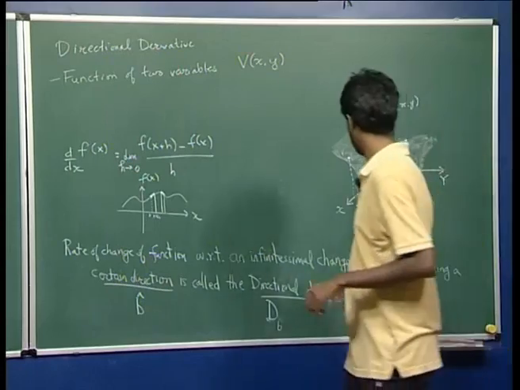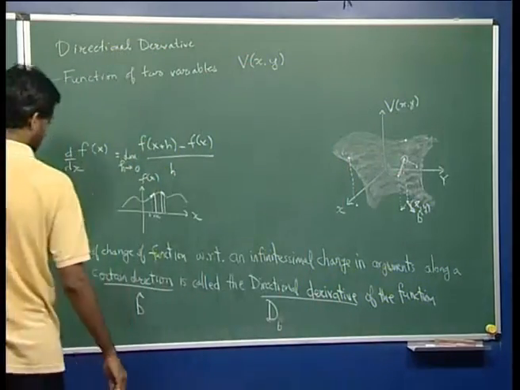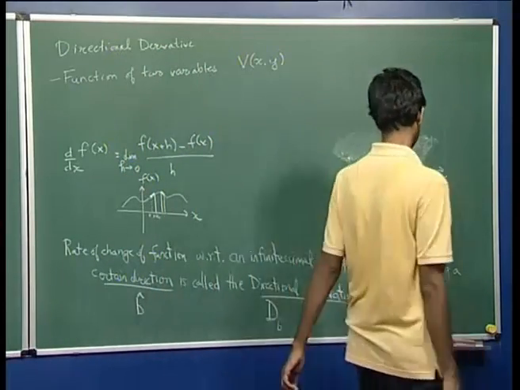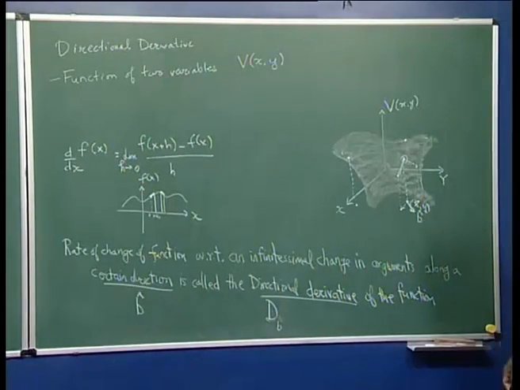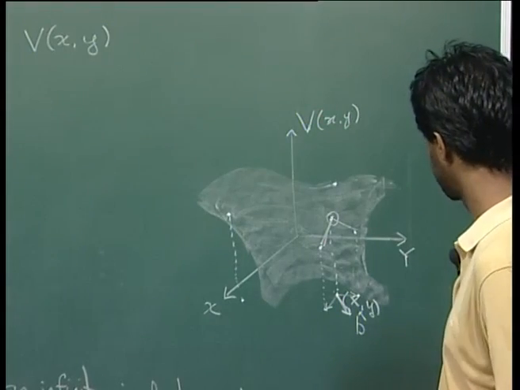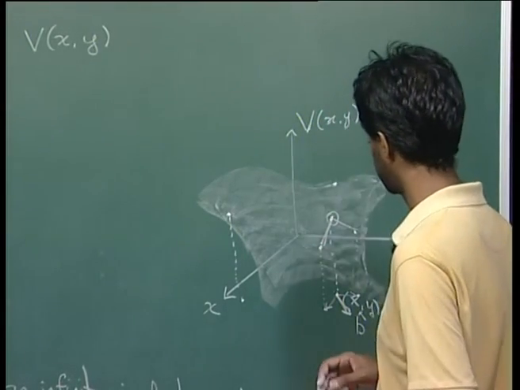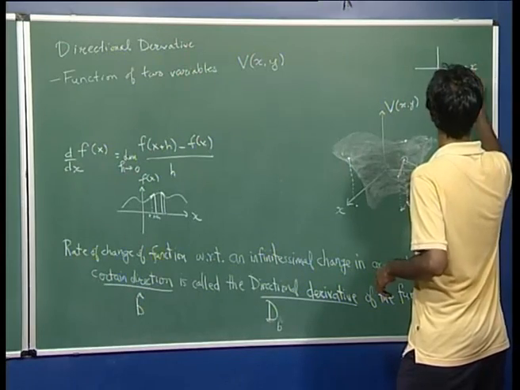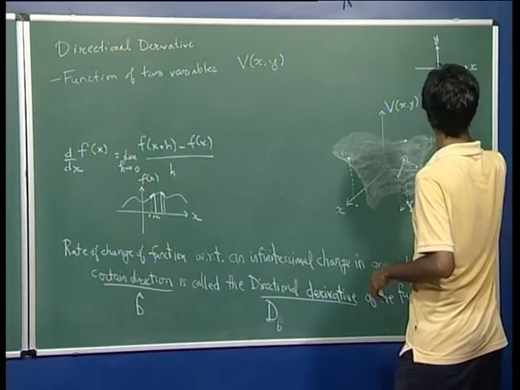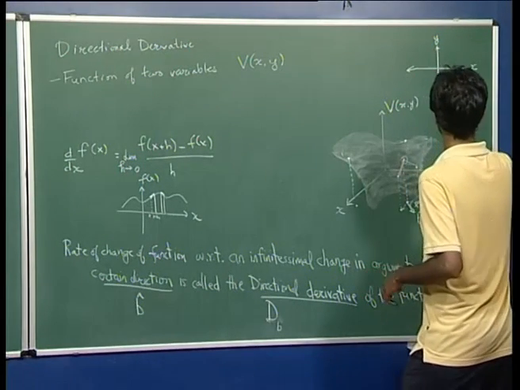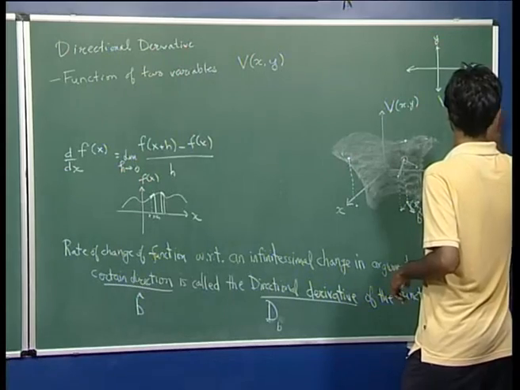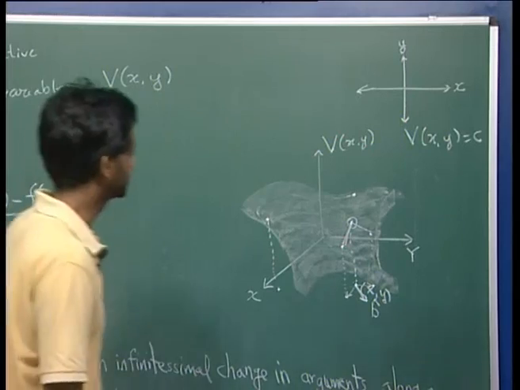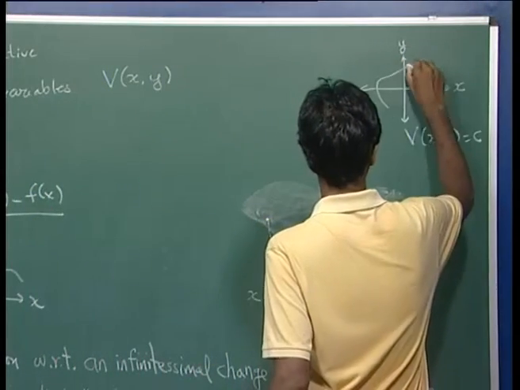So, now we can come back to our 2-dimensional example. What happens in 2 dimensions? Does this picture hold in 2 dimensions? And the answer is yes, it does hold in 2 dimensions. So in 2 dimensions, if you have x and y, V of x, y equal to constant defines a curve in this x-y plane.